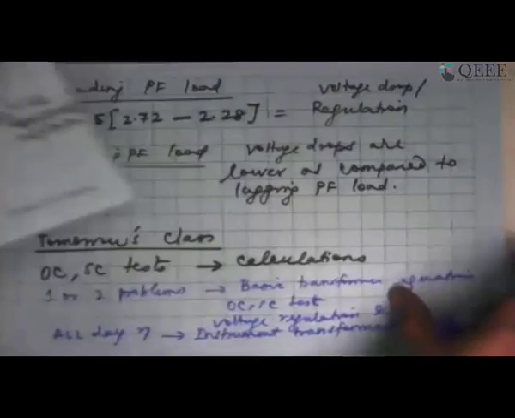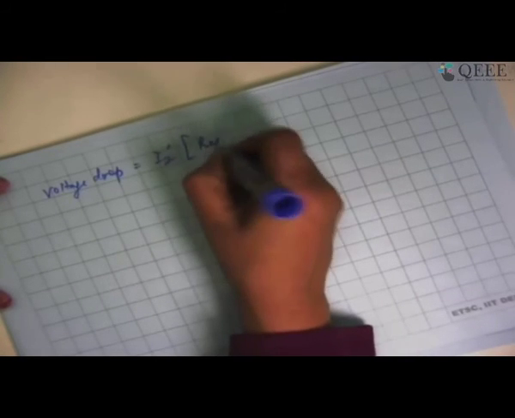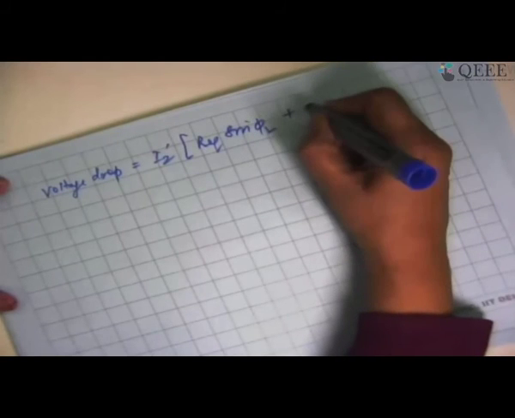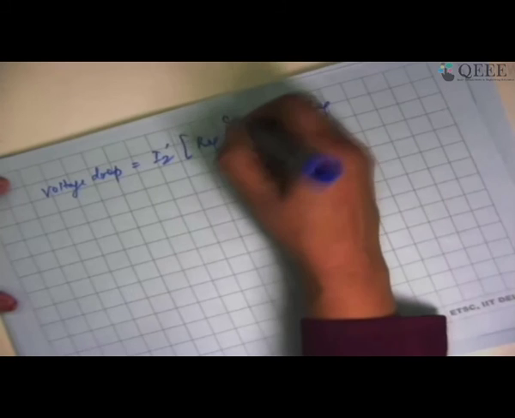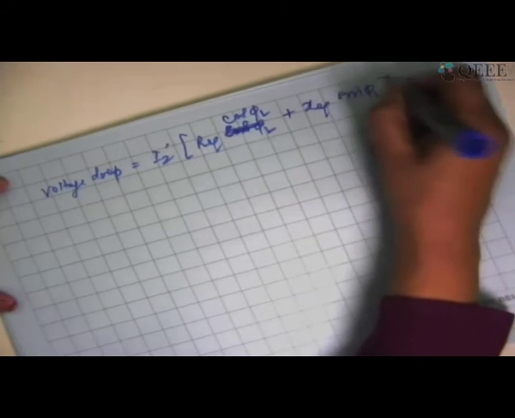I hope you understand. What I am trying to say is that I have the voltage drop to be I2 dash into R equivalent cos phi L, and I have X equivalent sin phi L. I should draw this as plus or minus.